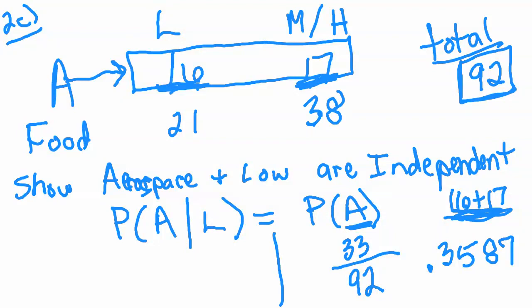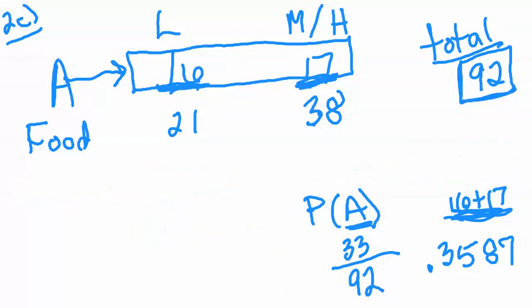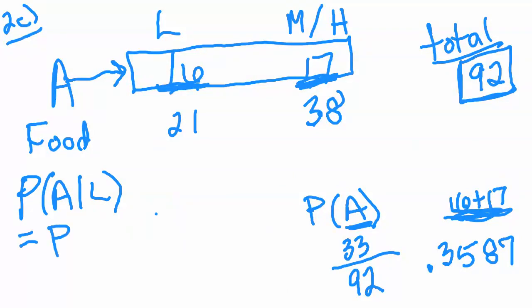Now we need the probability of A given L. So the formula for that is it has to come out of the low risk companies, because this is a probability that it's aerospace given that it's low risk. So it has to come out of the low risk.